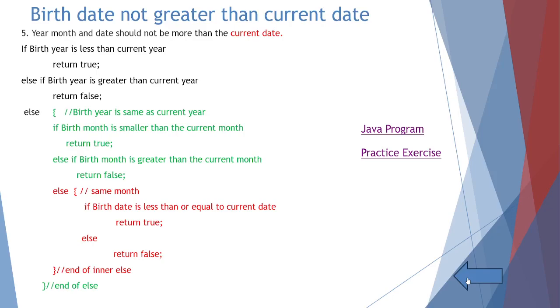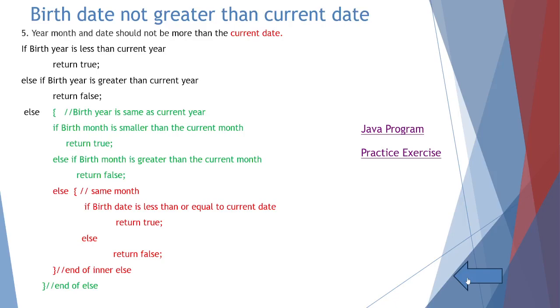So Boolean method we write. Then else if birth year is greater than current year, 2025, the child is born, then current year is 2024, then false. Else means birth year is same as current year.